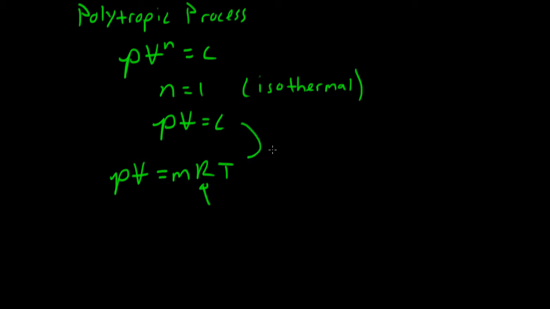We see here that for our polytropic process, our constant is equal to mRT.